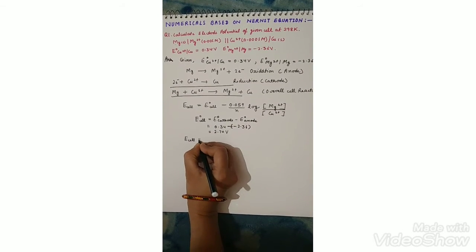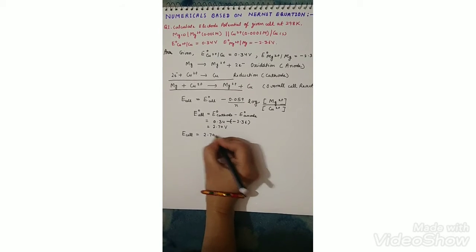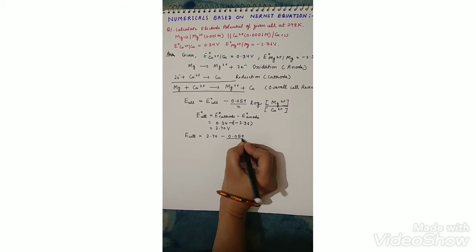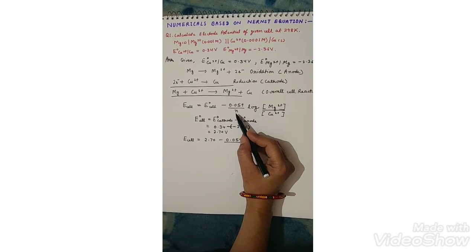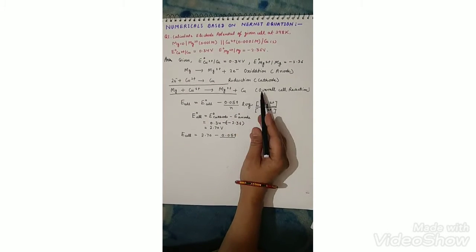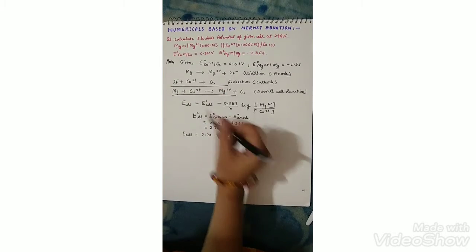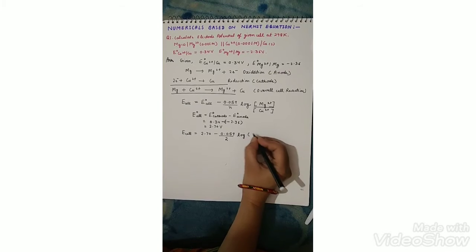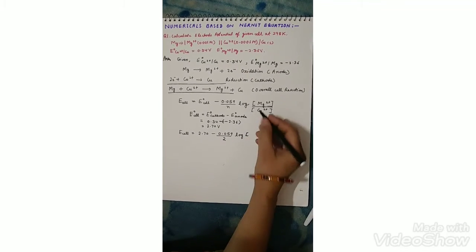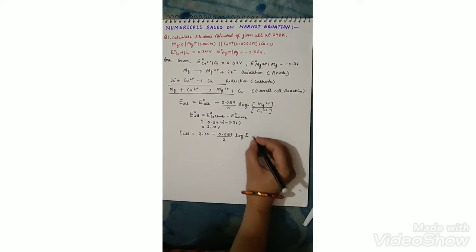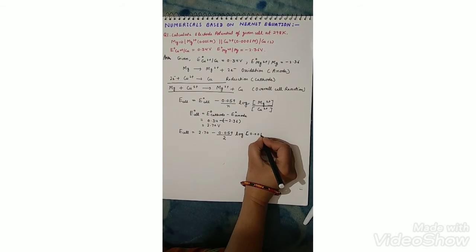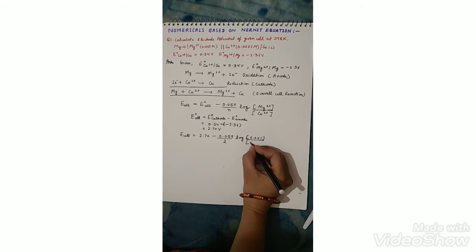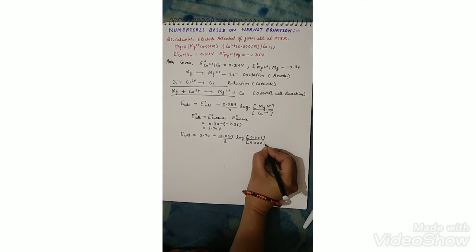Now substitute this value in the Nernst equation. So the electrode potential of the cell will be equal to 2.70 minus 0.059 upon n. n is the number of moles of electrons involved in the reaction. So balanced electrons are 2, so n equal to 2. Log of the concentration of magnesium ion, which is already given in the question, 0.001 molar, and that of copper ion is 0.0001.